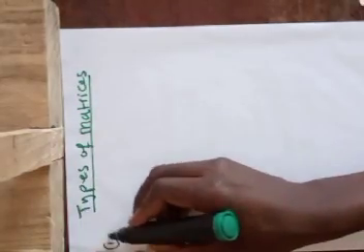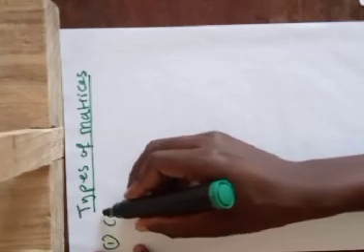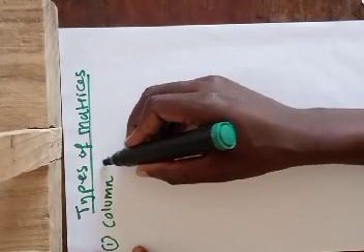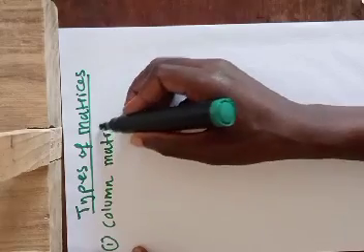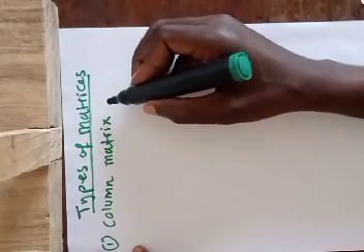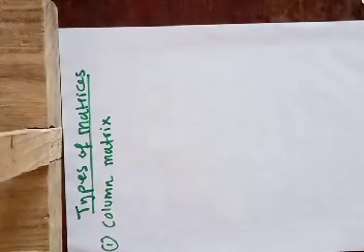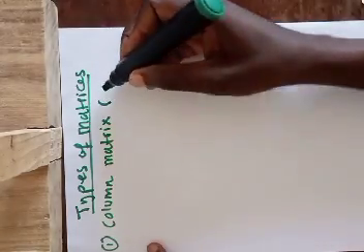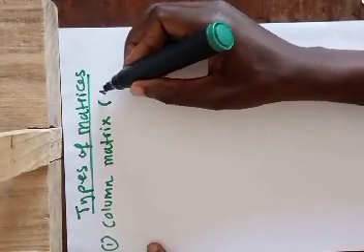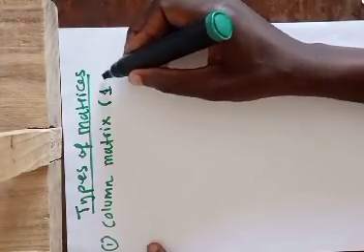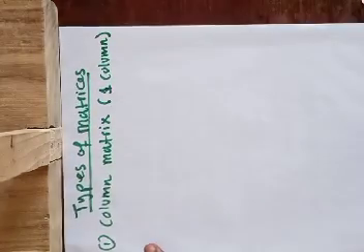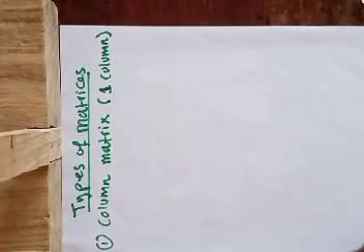The first one is a column matrix. The other name for a column matrix is a column vector. By a column matrix, we normally say this is a matrix that has just one column. That's all. One column. I've told you what columns and what rows are.